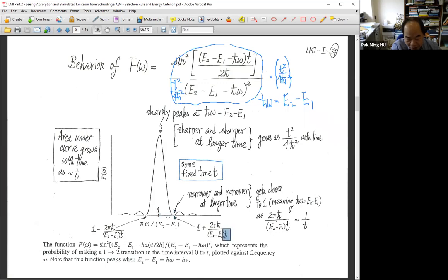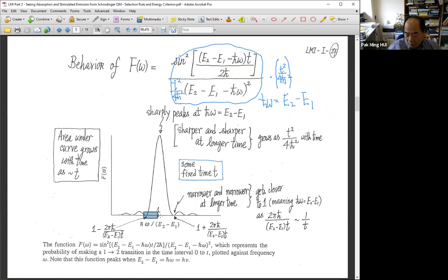Okay, you see the difference here goes like something over t. Similarly, on the other side, it is 1 minus 2 pi h bar over the energy difference times t. Therefore, this also goes like 1 over t.